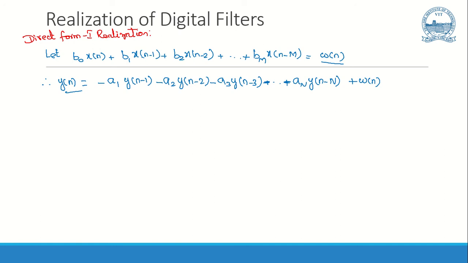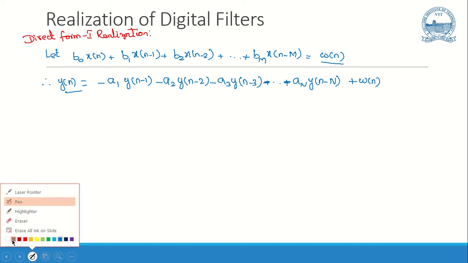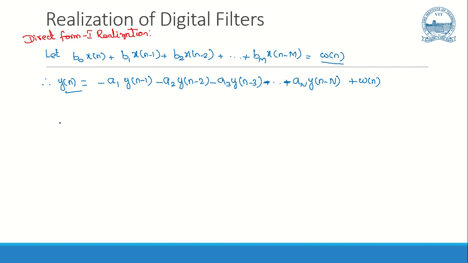Okay, and before that let us understand one thing here, the convention, how I'm going to pictorially represent all these things. If I consider a line, let this be the input and let this be the output y of n.